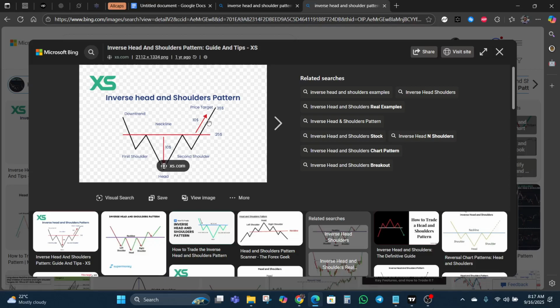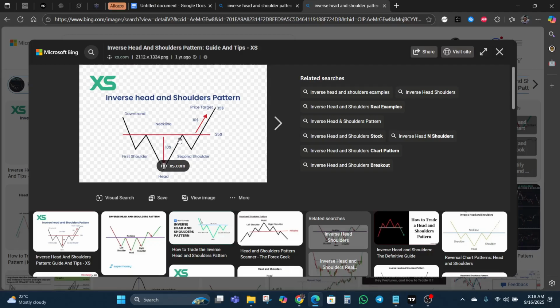Now, breaking this down further, the left shoulder reflects the market attempting to continue lower but finding temporary support. The head shows sellers pushing harder to drive the market to a new low, but buyers eventually step in again.